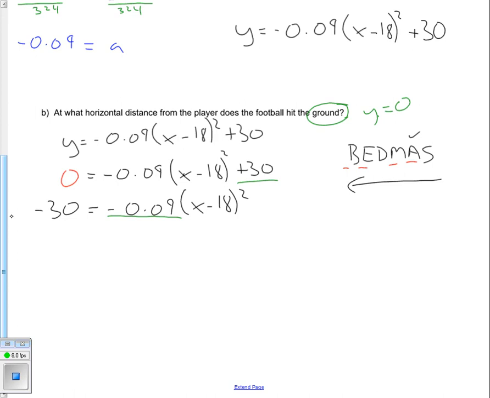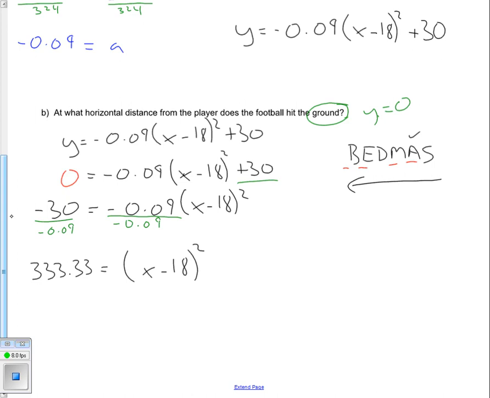So I'm going to divide both sides here by negative 0.09. Okay. So when I divide negative 30 divided by negative 0.09, it's going to give me a rather large number. It gives me 333.33. Okay, and that leaves me with (x minus 18) all squared.